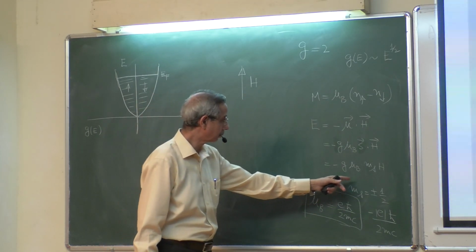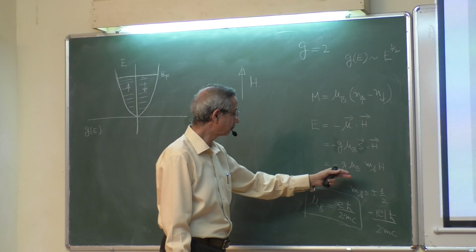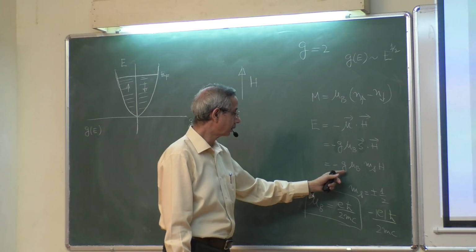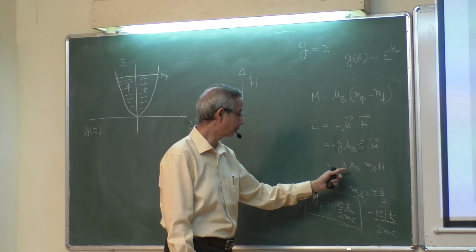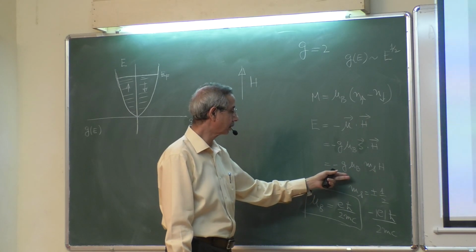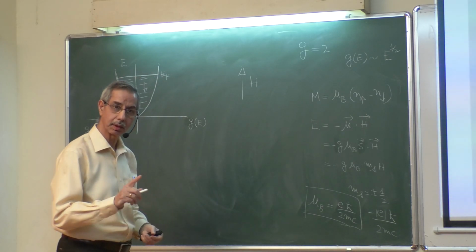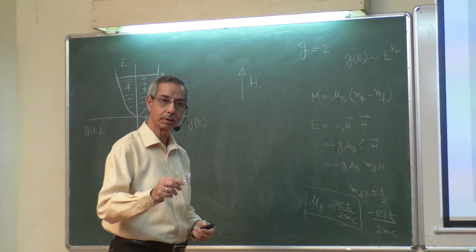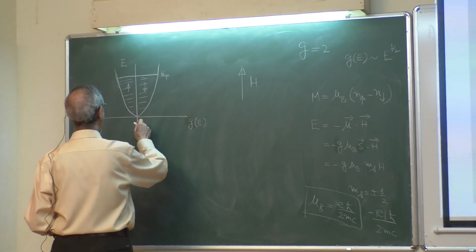So I am using this convention so that there is no confusion. I now treat this mu B as positive. Then for spin up, the energy will be lowered by g mu beta H. Since g is 2, the energy is lowered by mu beta H. Similarly, for spin down electrons, the energy is increased by mu beta H. So this diagram will change.